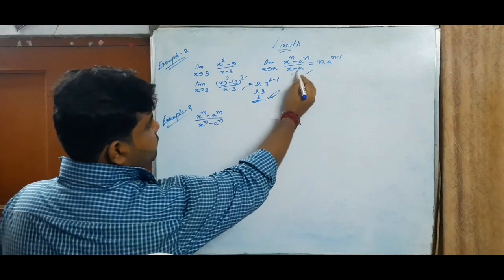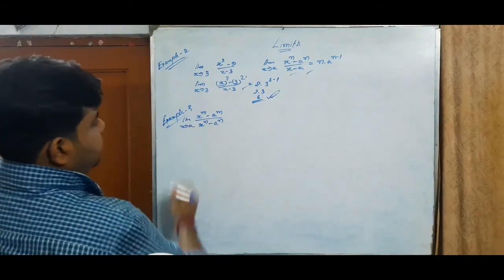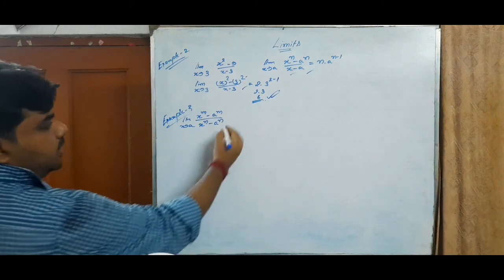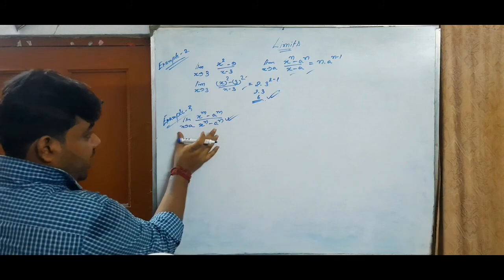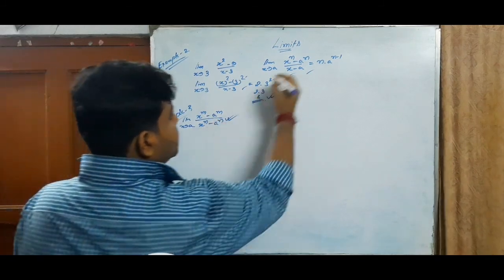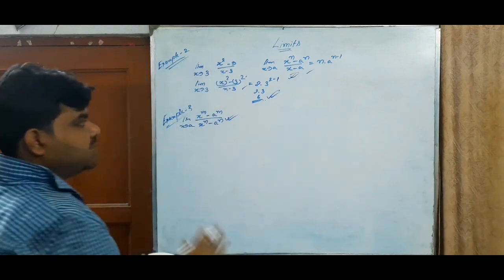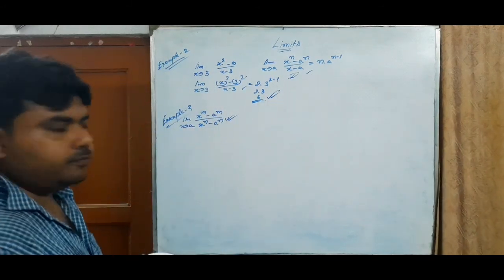We know this formula, limit x tends to a. Now how will I be able to solve this limit? How can we get the value of this limit? Now we have to get this form. Somehow we have to get this form. How will I get this form?